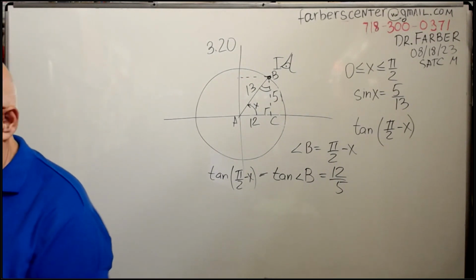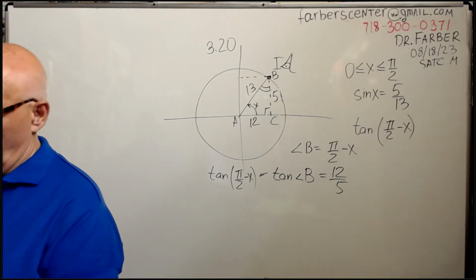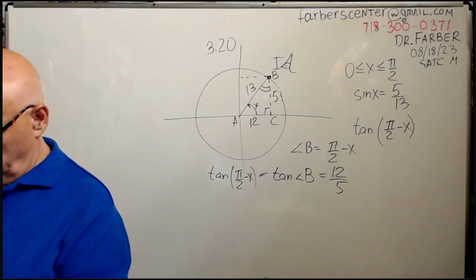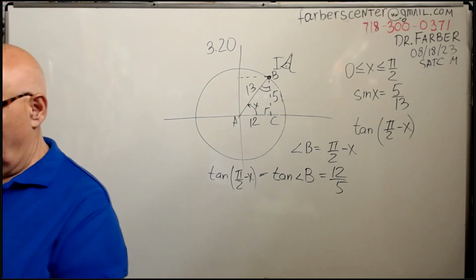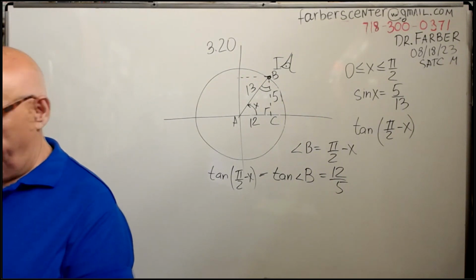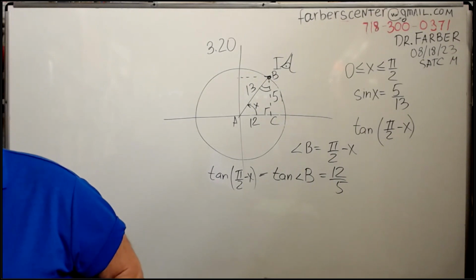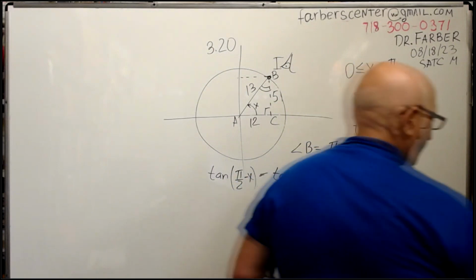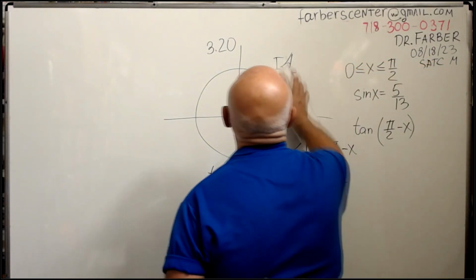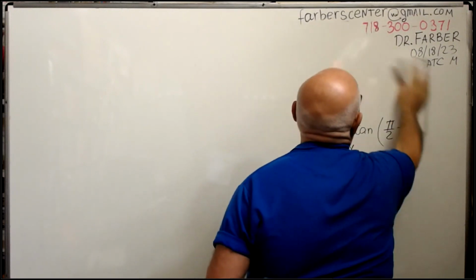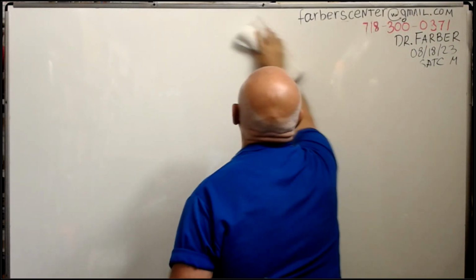Okay. The next question is 418. Matthew, please. The figure above shows a polygon with 5 sides.